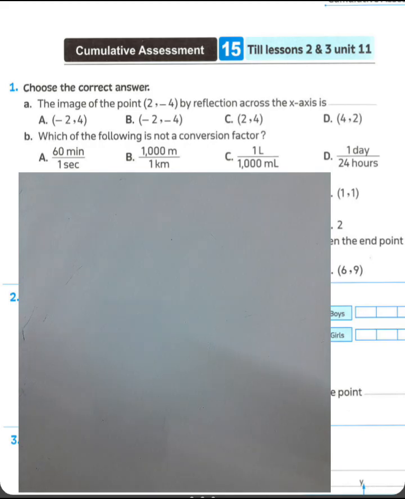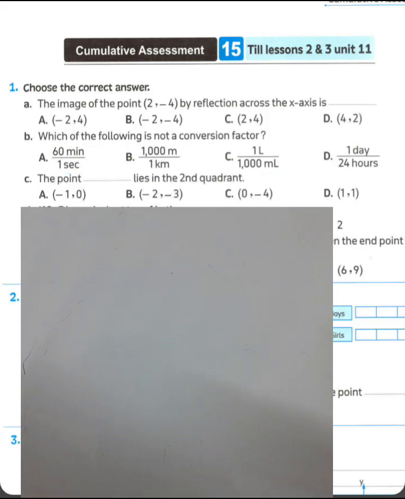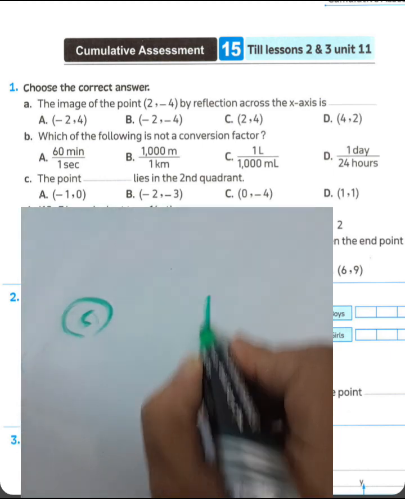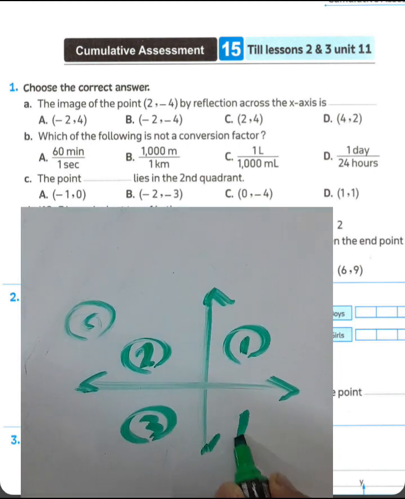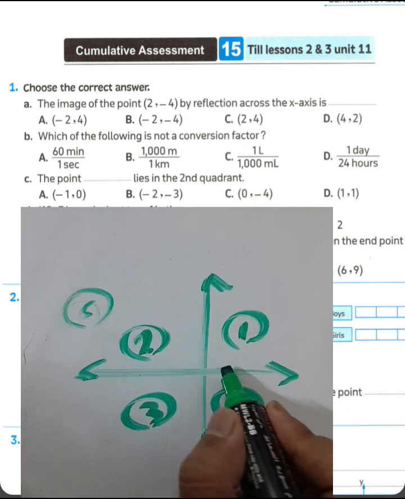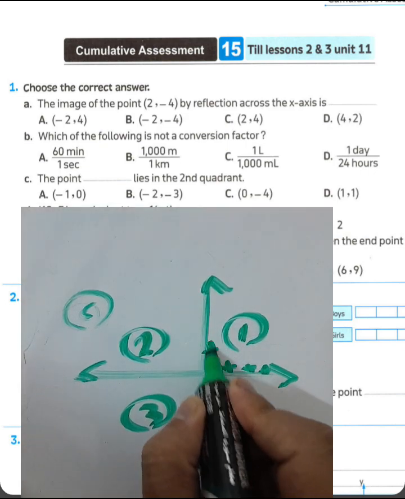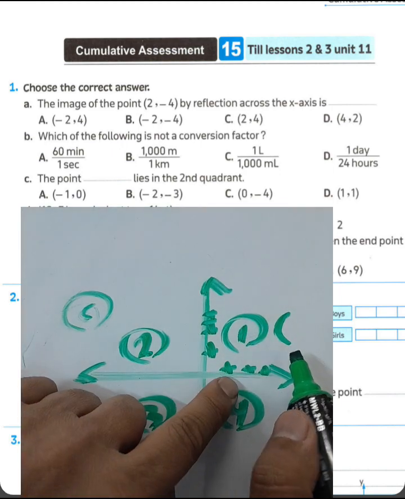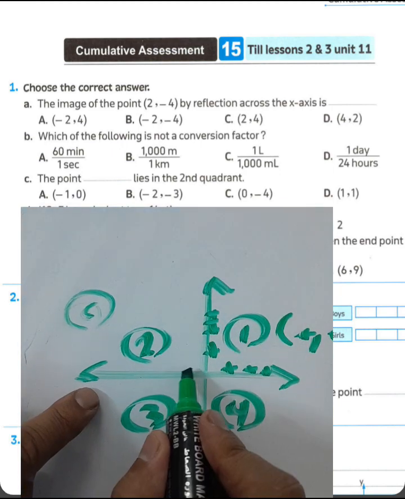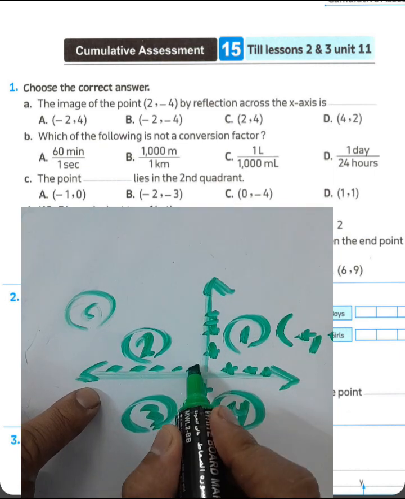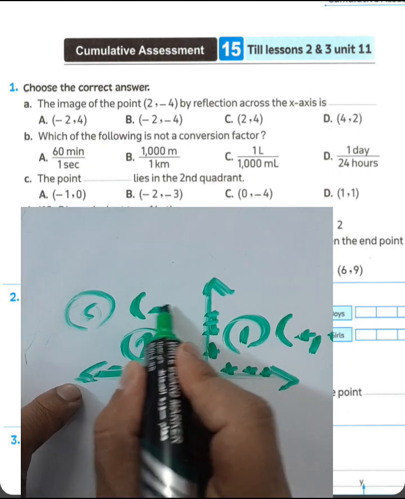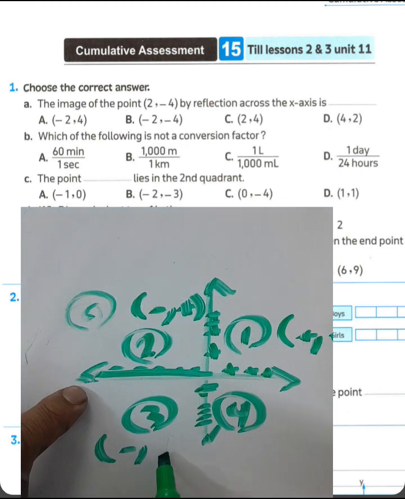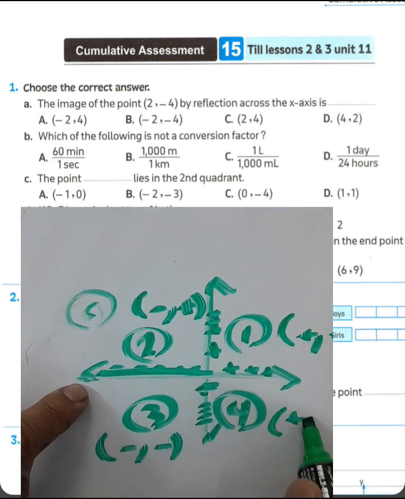Question letter C: the point lies in the second quadrant. Look at the quadrants here. We call these the first quadrant, second quadrant, third quadrant, and fourth quadrant. And what about the signs? In the first quadrant the signs are positive and positive. In the second quadrant, x is negative and y is positive. In the third, negative and negative, and in the fourth, positive and negative.